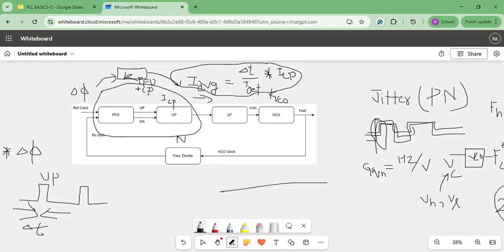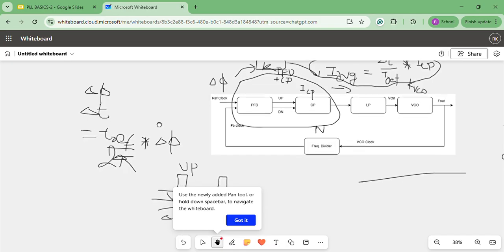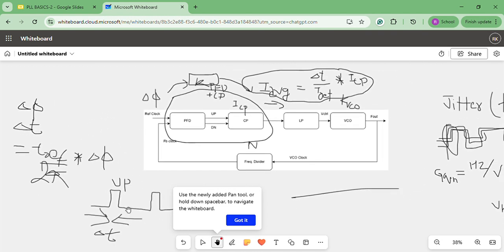What is delta T? How did we get delta T? We converted the phase difference between these two clocks into time domain, and we got delta T. Delta T is the time for which we are getting the up signal on, and from this up signal we get a current.